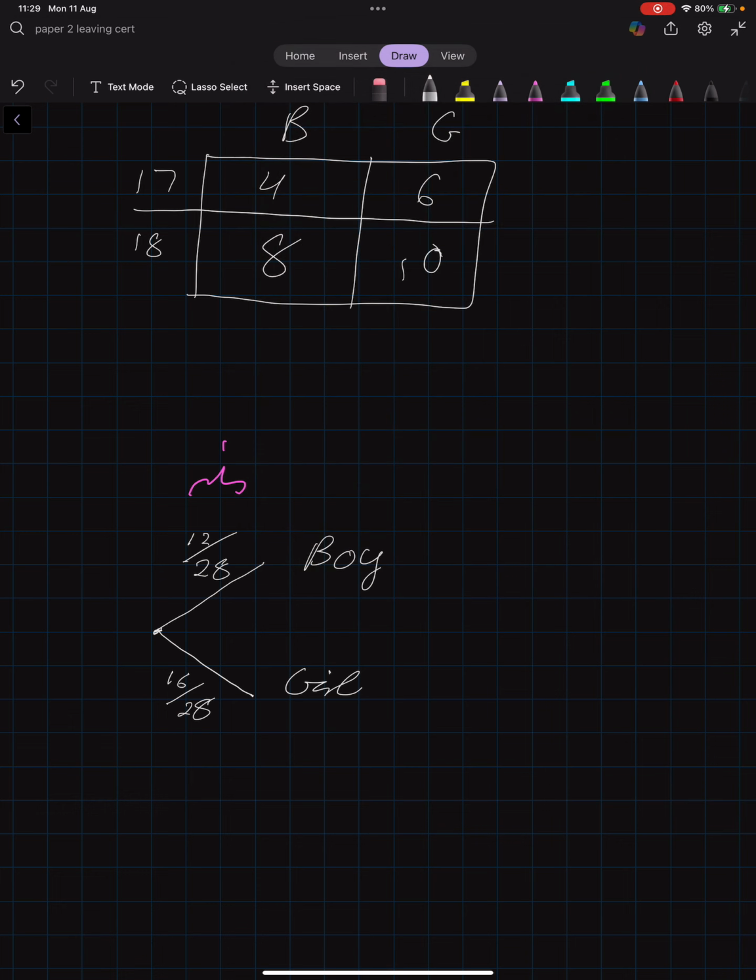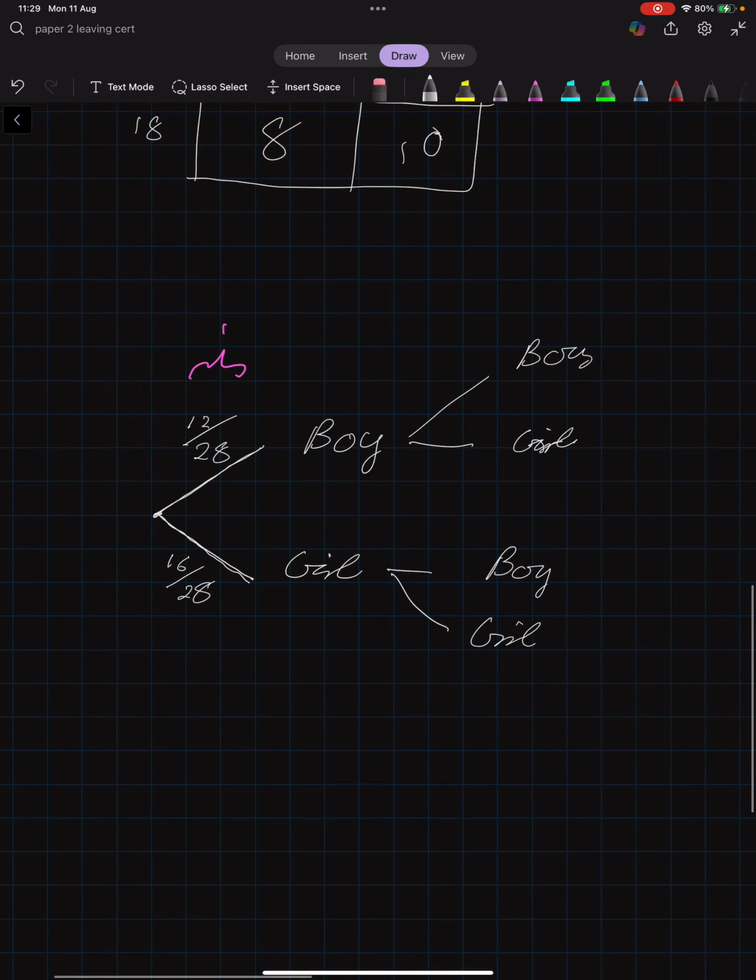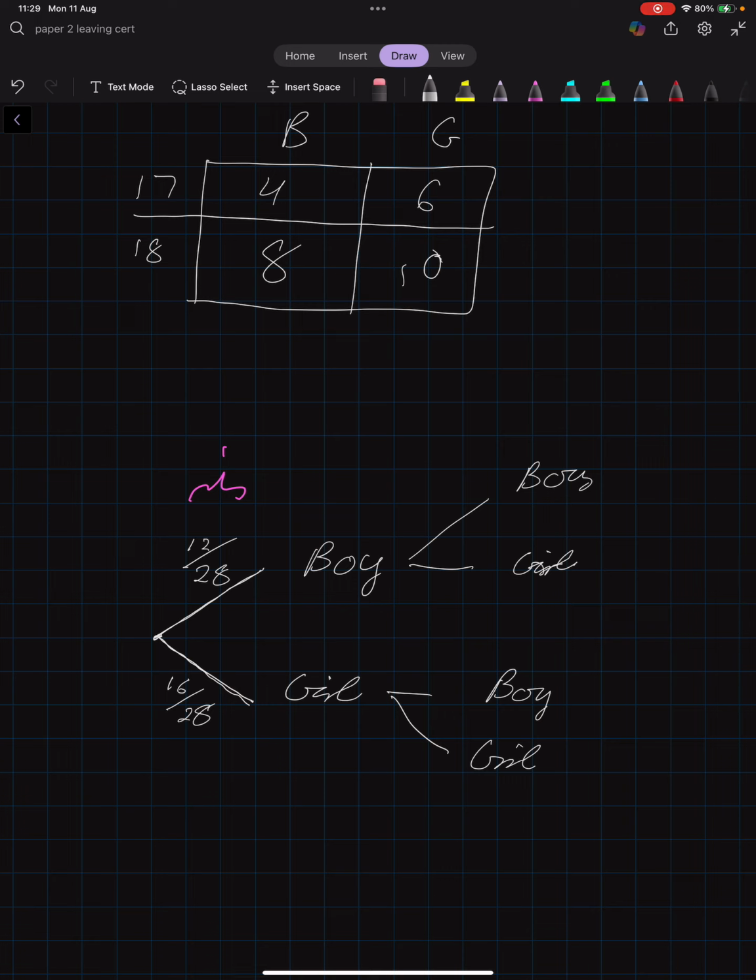And then this is what a tree diagram is. You just draw out the 2 different options that you can have. And then you do it again. Because then you can always get a boy, and then a girl, and then you can get a boy and a girl. Okay? So now, the boy has been chosen, so what's the chance of you getting a boy again?